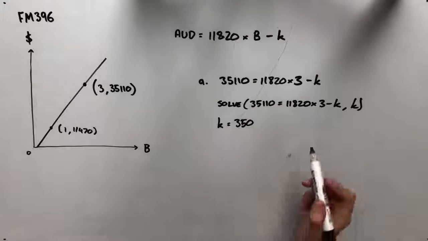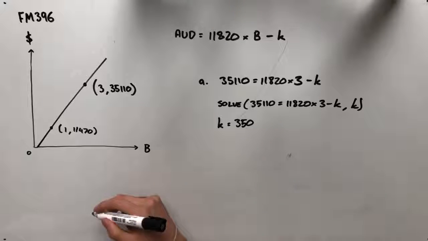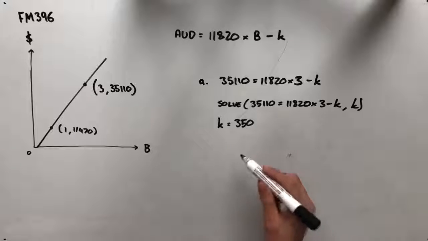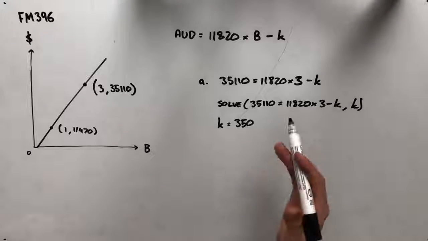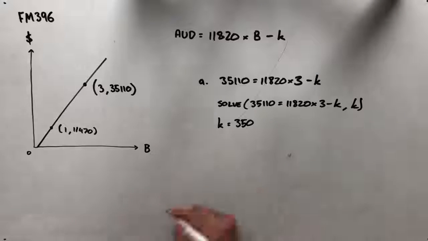The important point here is that we're using the coordinate they've told us to use and we're showing that K is equal to 350. We can't give K a value of 350 before we come to that conclusion.